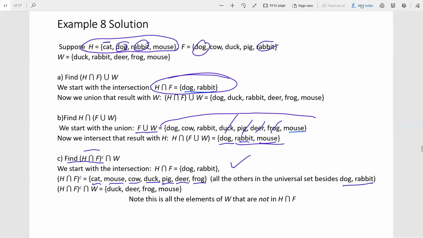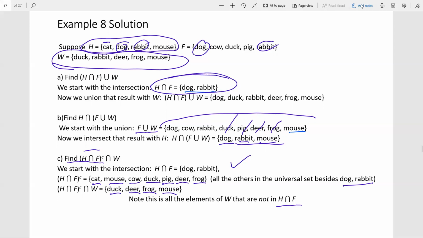Now if you intersect that with W, you find that the common elements are duck, deer, frog, and mouse. You can also note that this is all the elements of W that were not in the intersection of H and F.